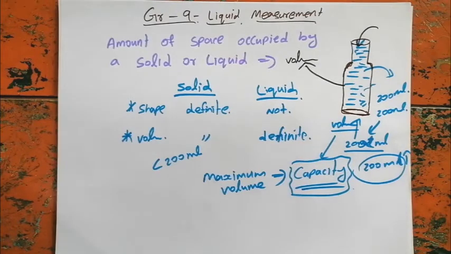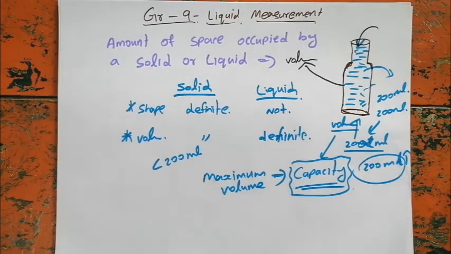Okay, so volume and capacity, there are two words we are using for the measurement, amount of liquid, amount of space to measure it. So that is the first point. You need to differentiate these two words, volume and capacity.